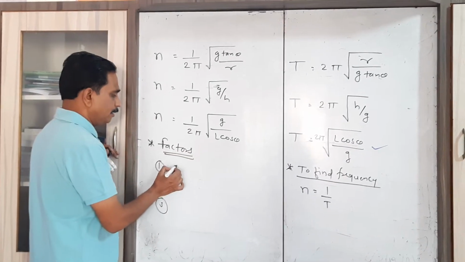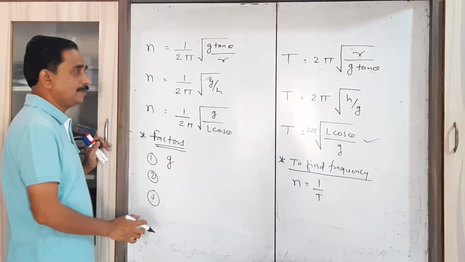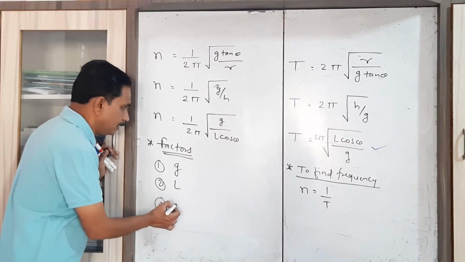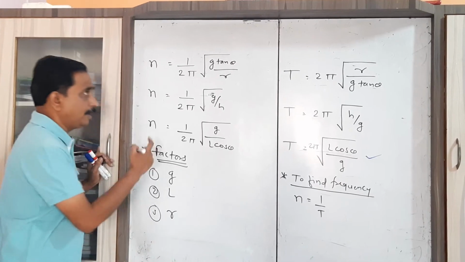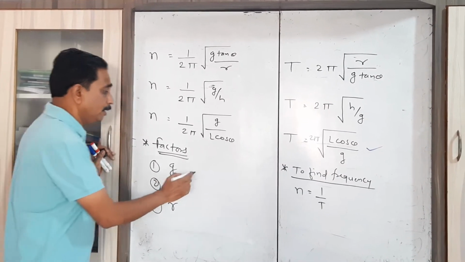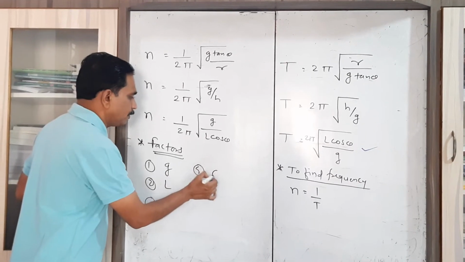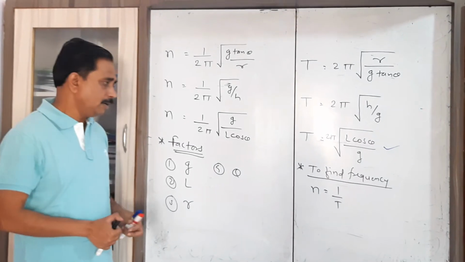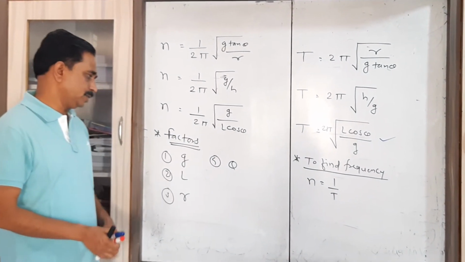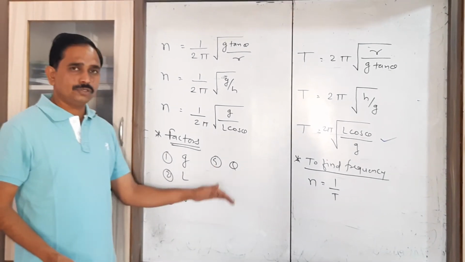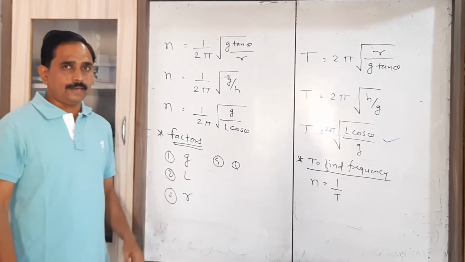It depends on acceleration due to gravity, the length of conical pendulum, the radius of the path followed by the metal sphere, and the angle made by the string with the vertical position. So these are the factors on which the frequency of revolution of conical pendulum depends.